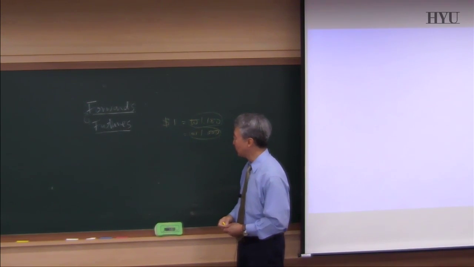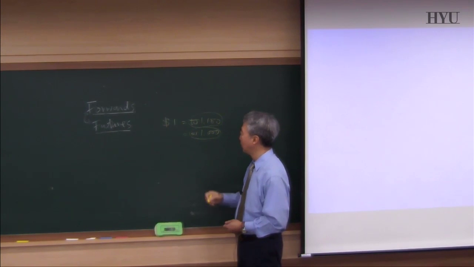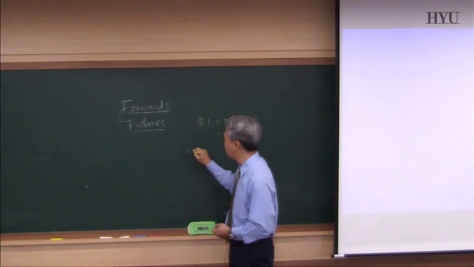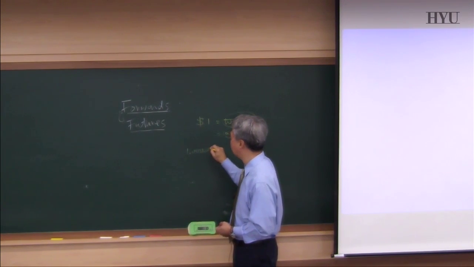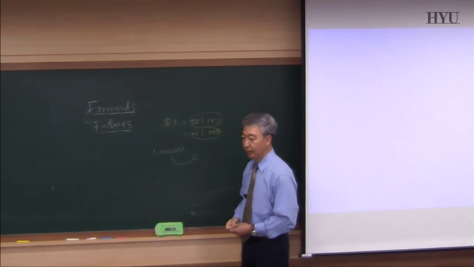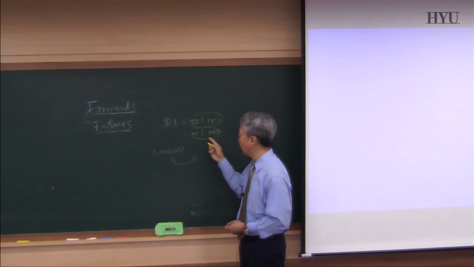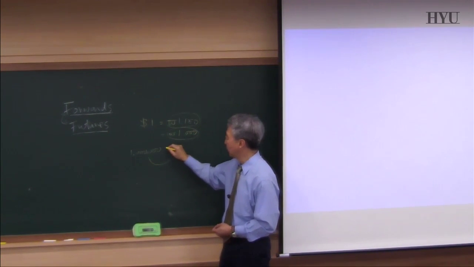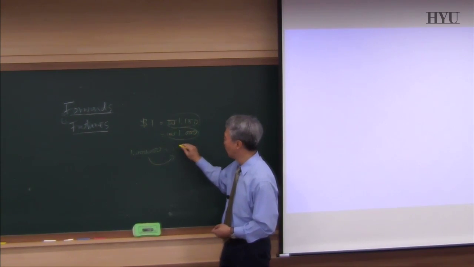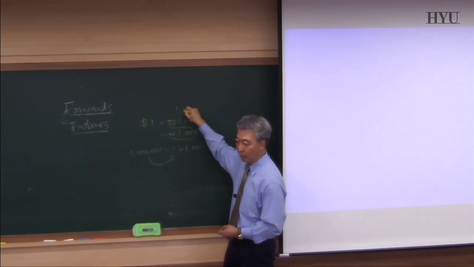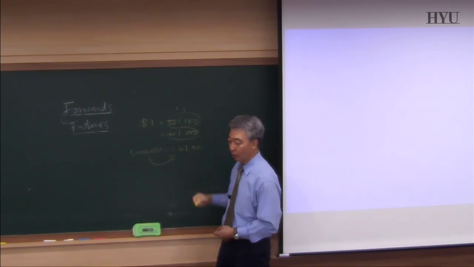But if you're an exporter, you get $1 million, and you need to convert it into Korean won. Then when the Korean currency appreciates, that means it is now only 1 billion won. It used to be 1.1 billion won, now it becomes only 1 billion won.